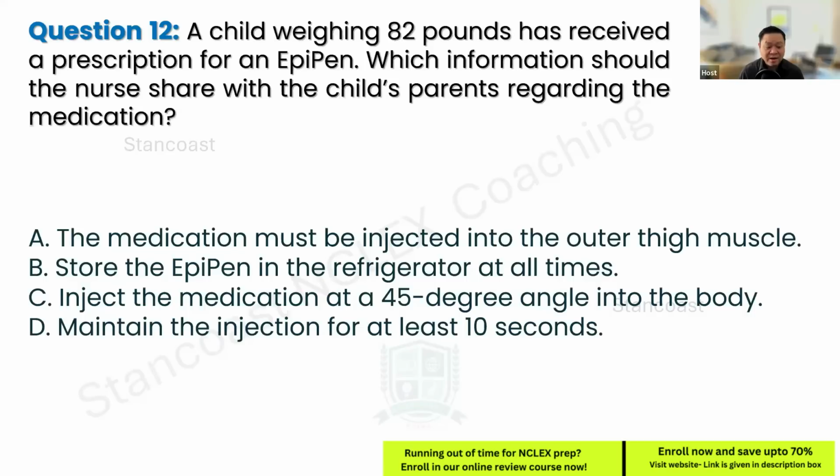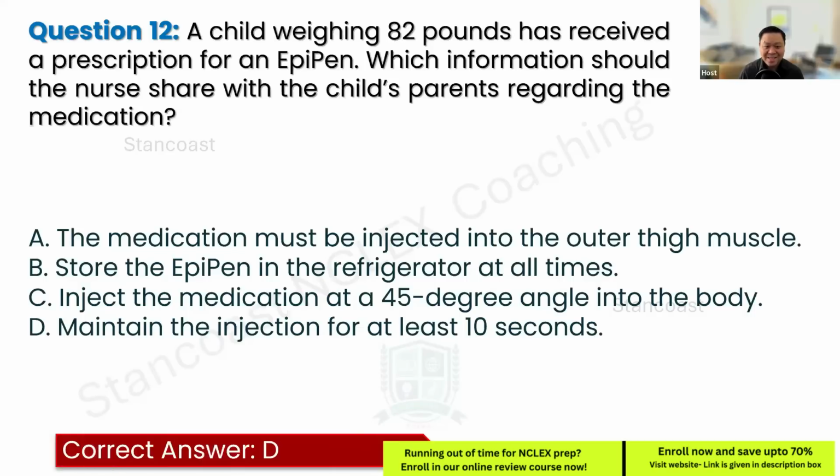The correct answer here is letter D. The EpiPen should be injected for a minimum duration of 10 seconds to ensure proper delivery of the medication. While options letters A, B, and C are incorrect, because for letter A, we know that the statement is true.